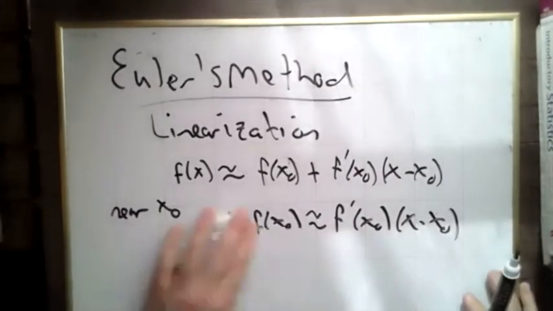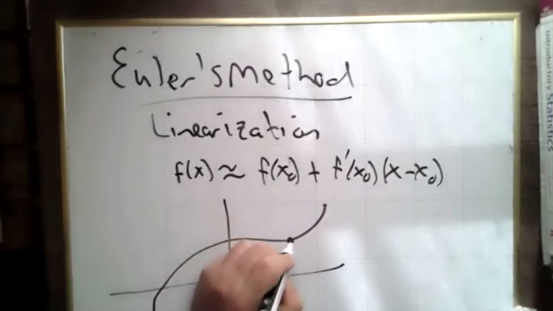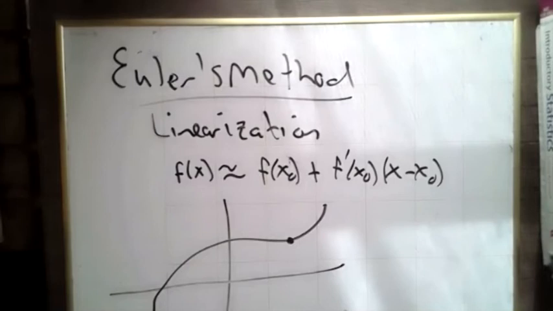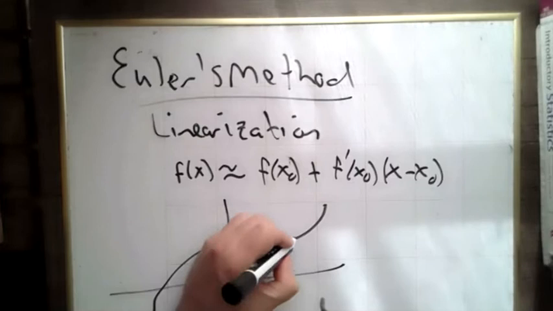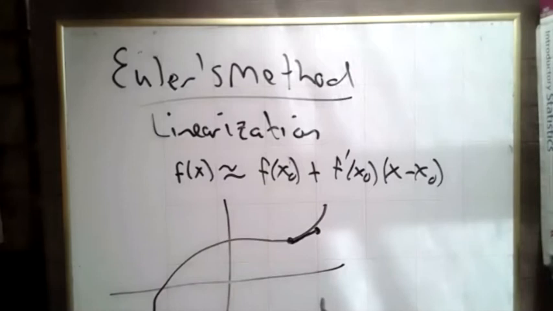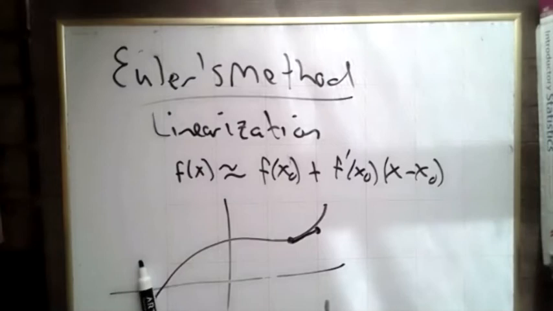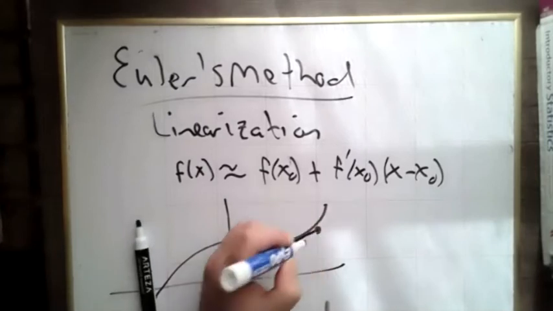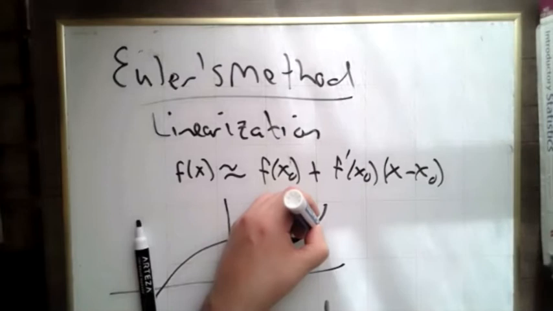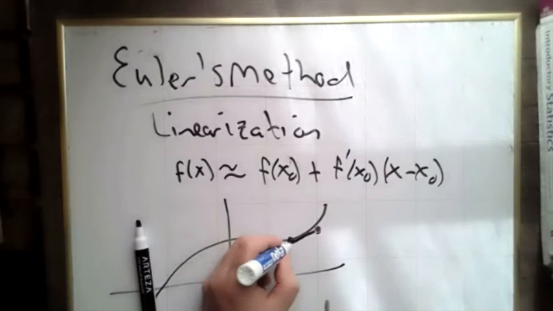So the function values, if I'm on a curve and I know one point on my curve, what I'm going to do is use the slope at that point to find another point. So I'm going to say, oh, well, the slope is in this direction. I'm going to then move over and up that amount and say that that function value is quite near the point on the line that's tangent here.